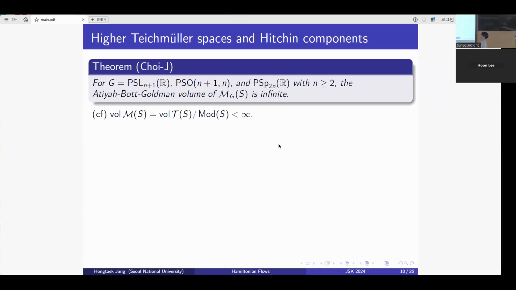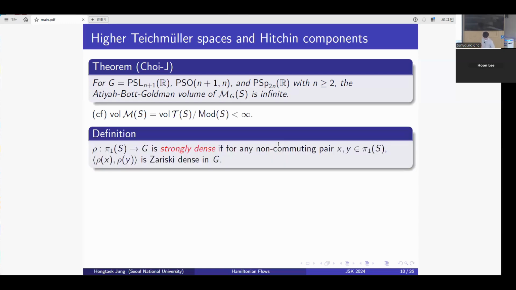In the classical Riemann moduli space, with the Weil-Petersson form instead of Atiyah-Bott-Goldman, the total volume is always finite. So this result shows that higher Teichmuller spaces and classical Teichmuller space are mostly the same, but in terms of the mapping class group action, they are completely different. That's what this theorem tells us.